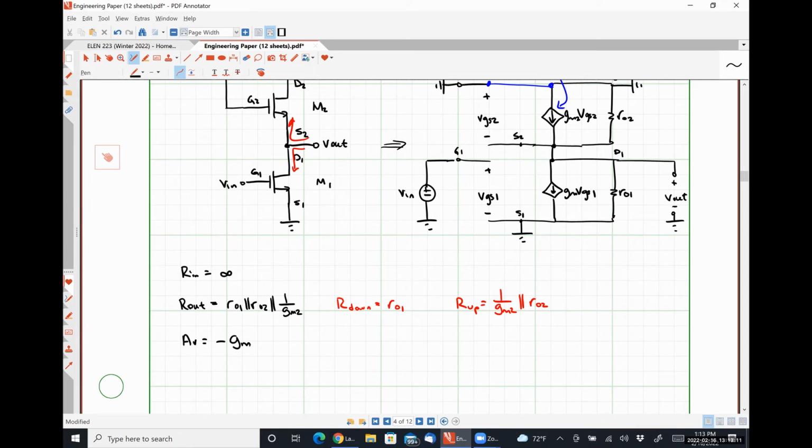So transistor M1 is the amplifier in this case because we're applying the input to transistor M1 and we're taking the output out of transistor M1. Multiplied by that output resistance again, right? ro1 in parallel with ro2 in parallel with 1 over gm2.